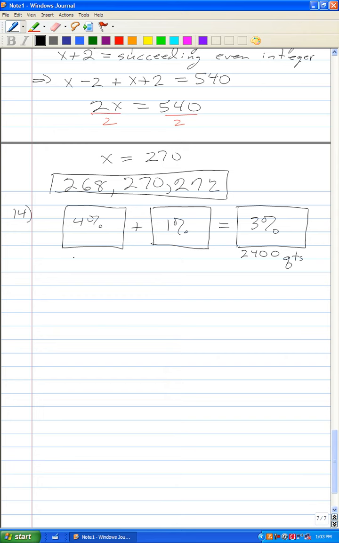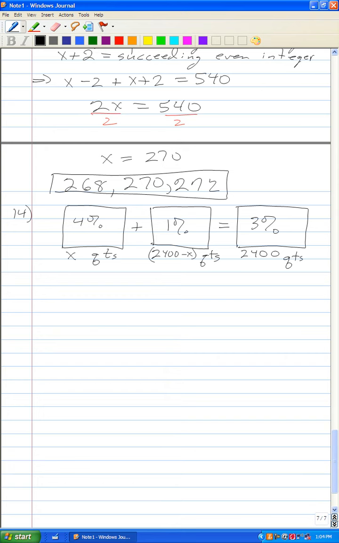So let's call this x quarts. Well, x plus 2,400 minus x quarts is equal to 2,400 quarts.